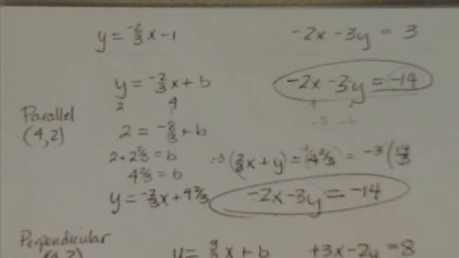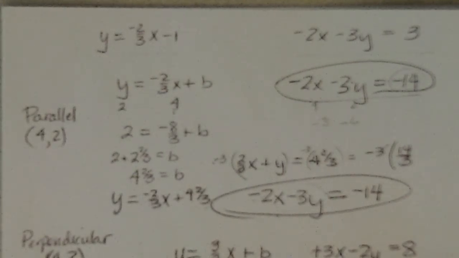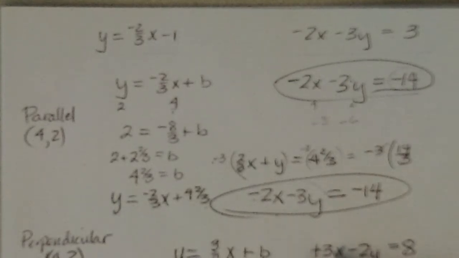And again, to show that this is the same as that, I could solve for y, or I can move the x over. Let's do it that way again. So I get -3/2 x plus y equals -4. And if I want it to be 3, I'd multiply by -2 on this side.